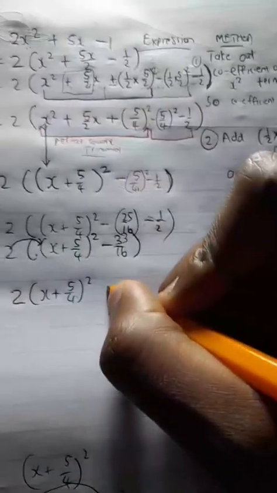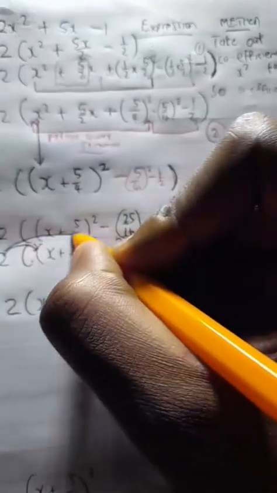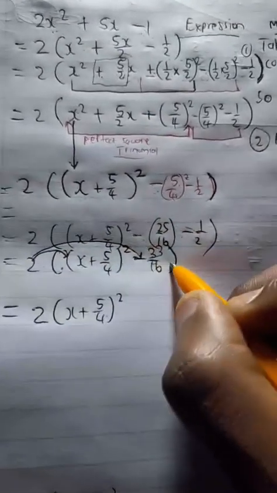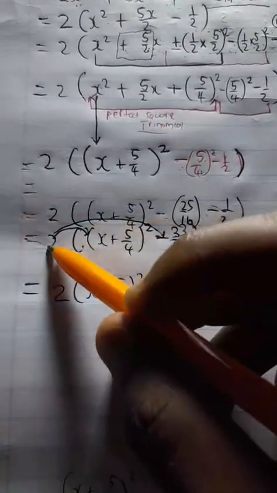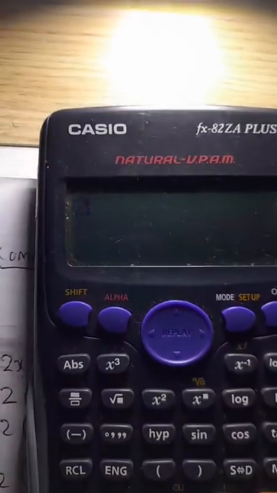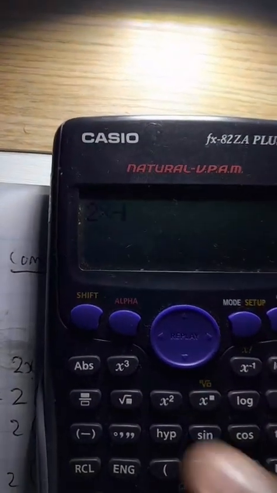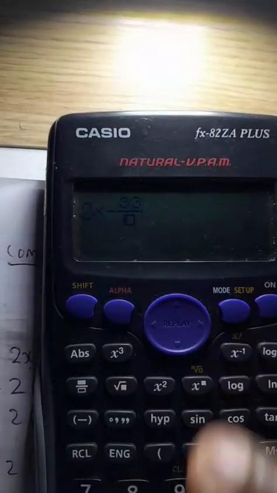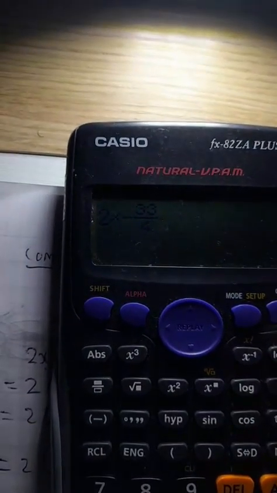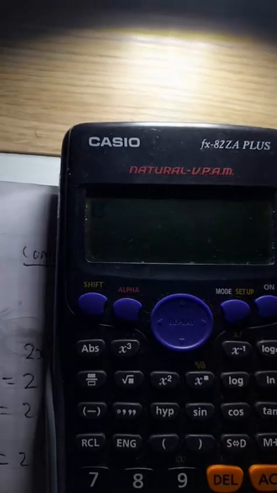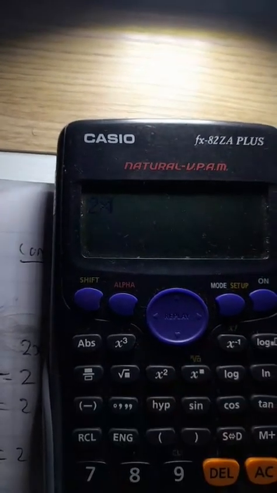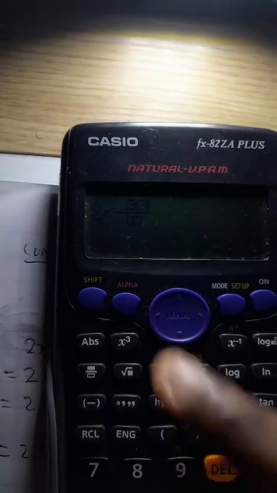Then we take the 2 again and distribute it to the negative 33 over 16. What's 2 times negative 33 over 16? To make life easy, we just say 2 times negative 33 over 16.